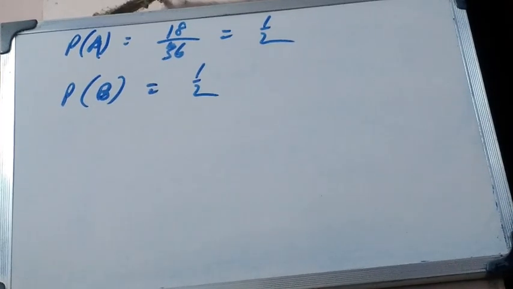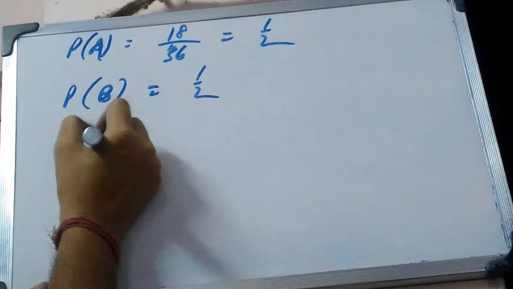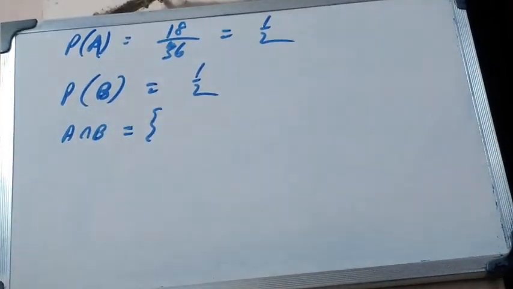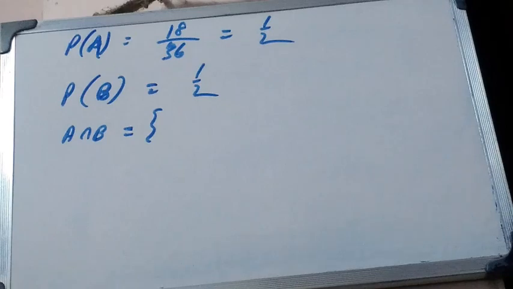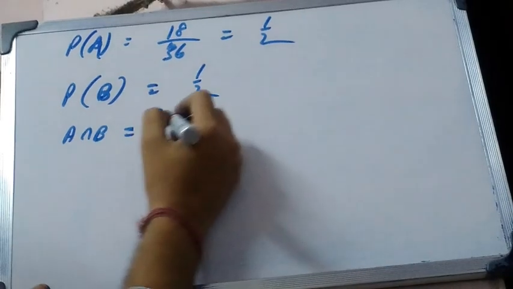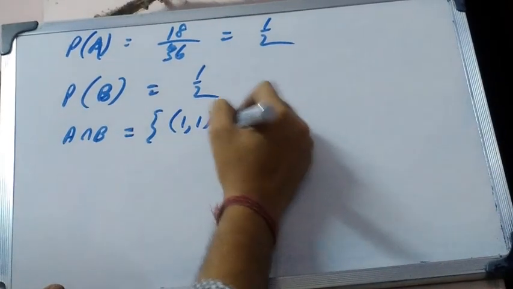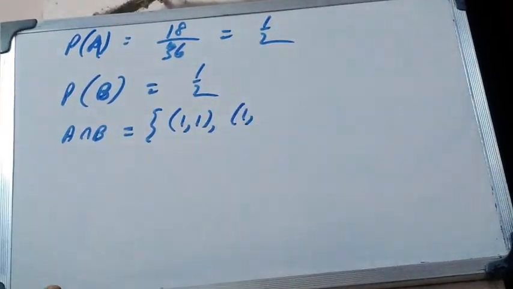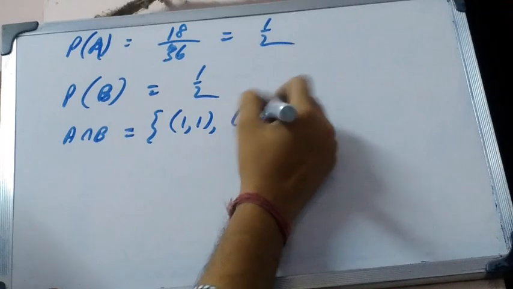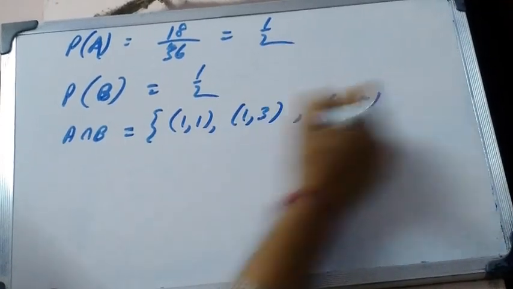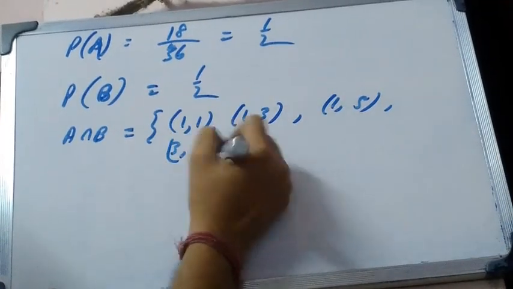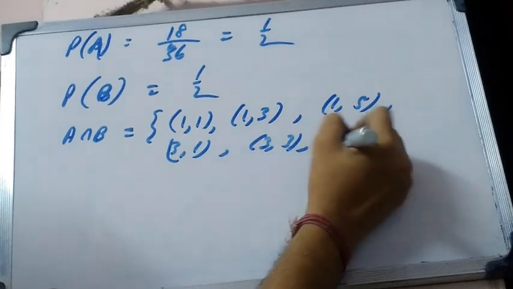Now the event A intersection B will be an odd number on both throws. That means (1, 1): first throw is 1, second throw is also 1. First throw is 1, second can't be 2 because it must be odd, so it's (1, 3), (1, 5). Then (3, 1), (3, 3), (3, 5).